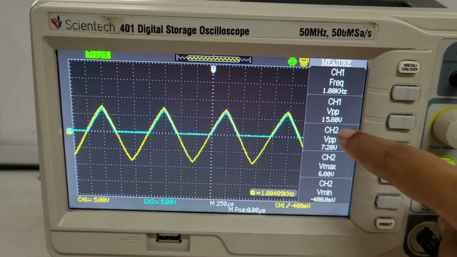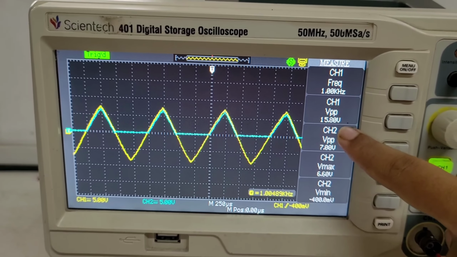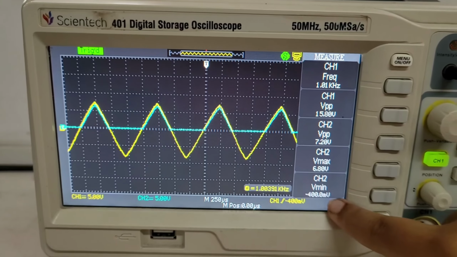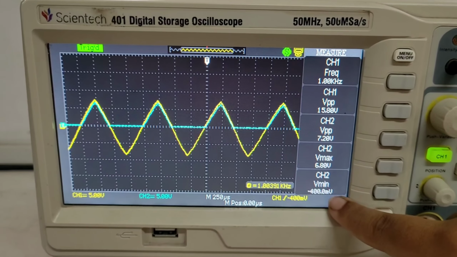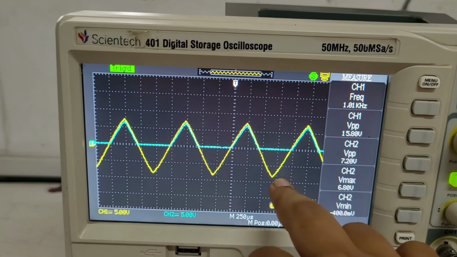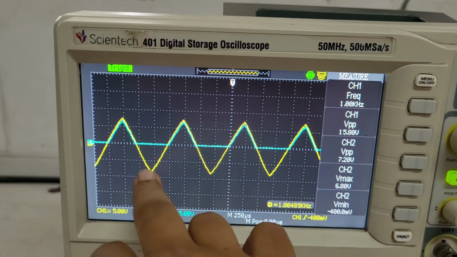The input signal has VPP 15.80, and the V minimum of output is almost 0, 400 millivolt, that means it is 0.00 volt. So this circuit is clipping the negative portions.